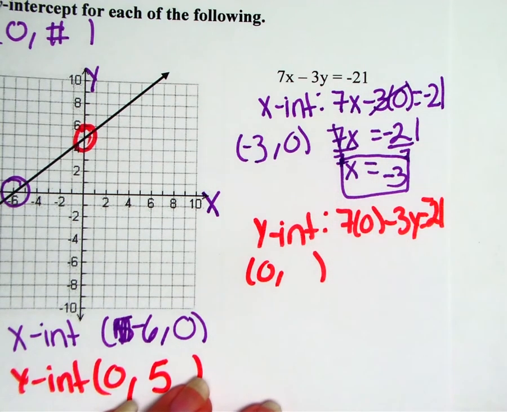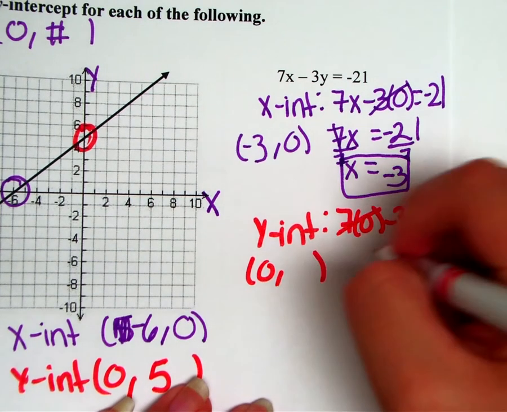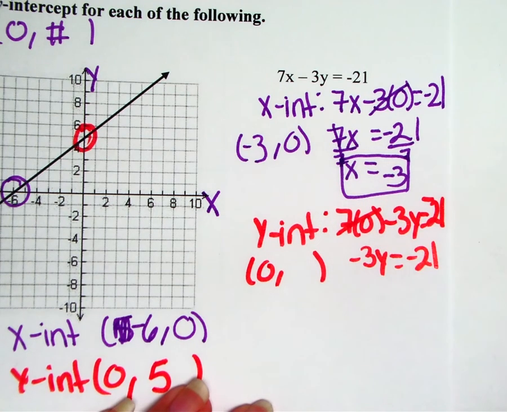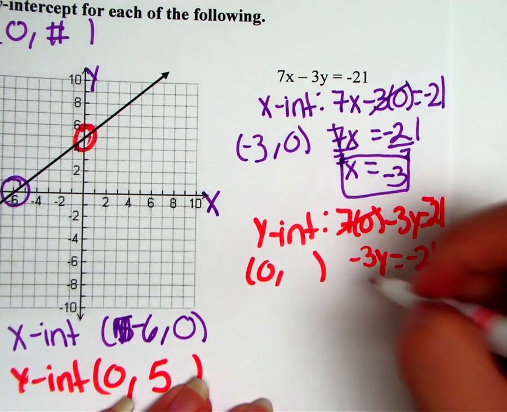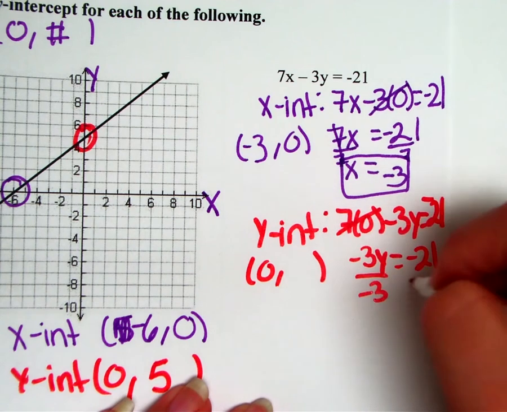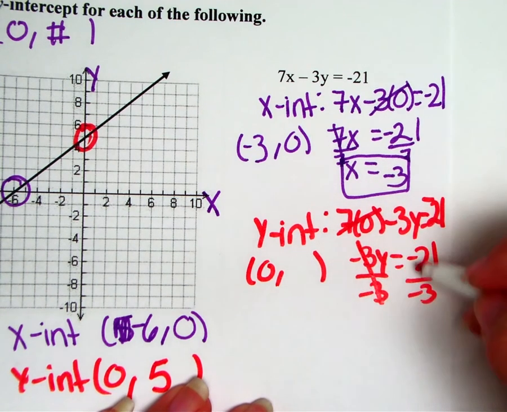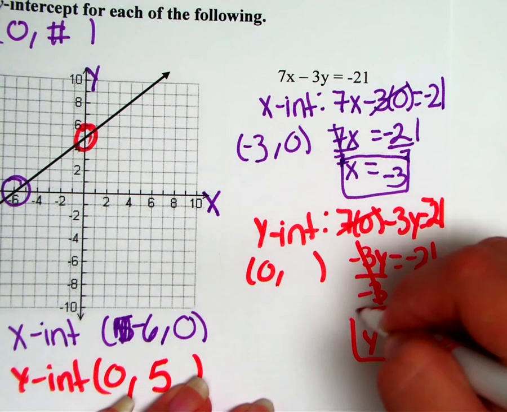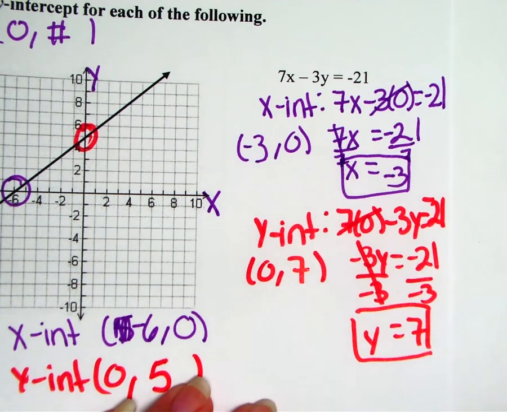That's going to go away. Negative 3y is equal to negative 21. I'm going to divide each side by negative 3. And I know 2 negatives is going to give me a positive answer, and that positive answer is 7. Just plug that into the point, and I am done.